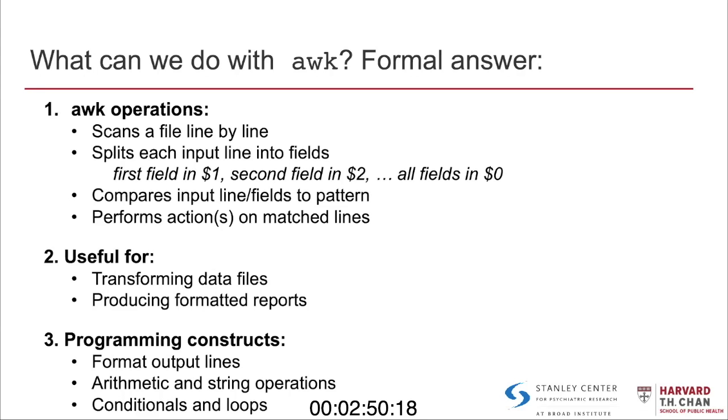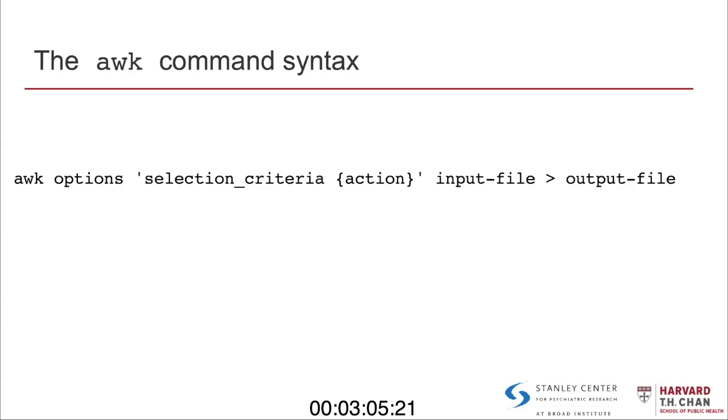And finally, the programming constructs of awk are pretty straightforward. It formats output lines, it can perform arithmetic and string operations, and it can do some conditional analysis and loops. So this is the syntax of the awk command, which at first look is not really pleasant.